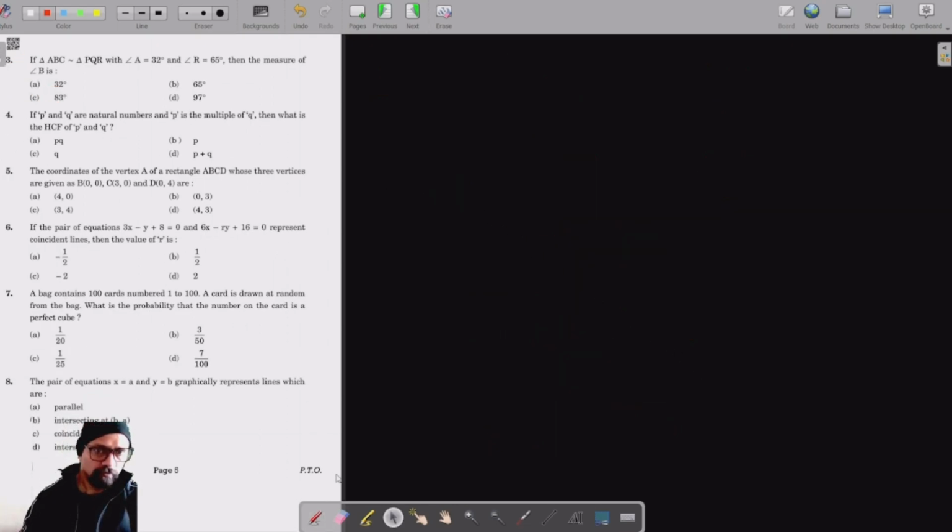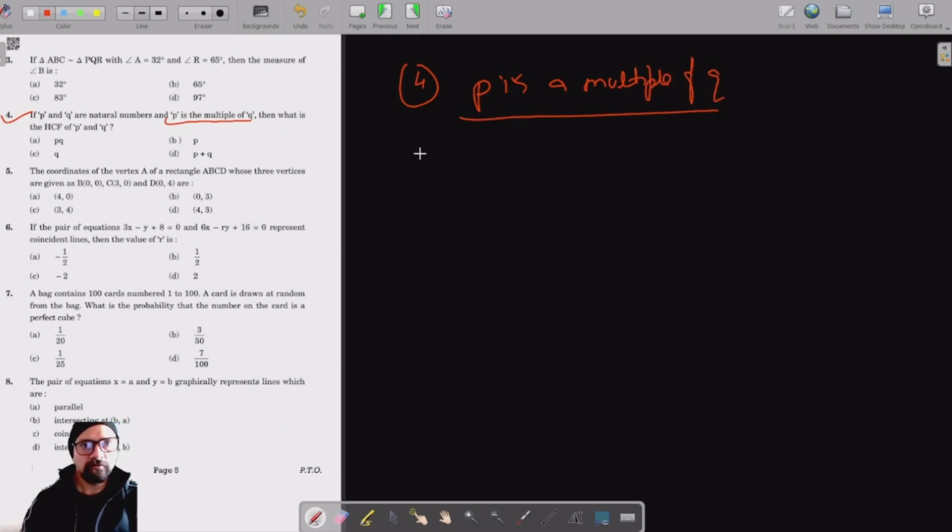For question number 4, it's given that P and Q are natural numbers and P is a multiple of Q. We have to find the HCF of P and Q. Let's consider it this way. Let's say 4 and 12.